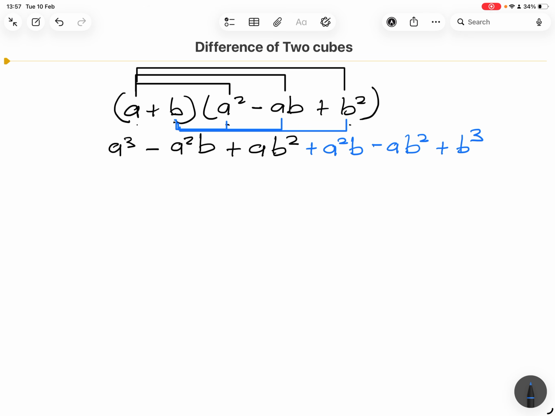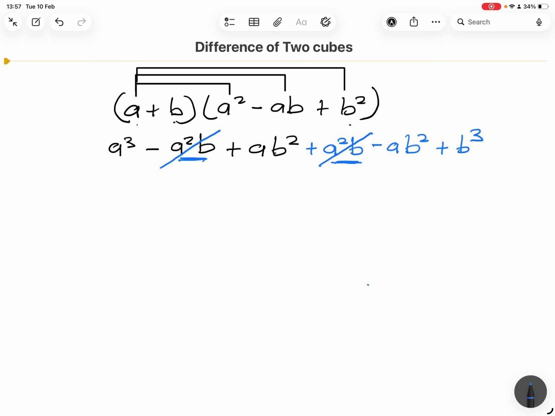All right, ladies and gents, I hope that you can see that we've got a group of like terms. If you note there, I've got a squared b, I've got another a squared b. But what do we note about them? They have got opposite signs. So anytime that I've got different signs of the same thing, then I know that I can cancel it out.